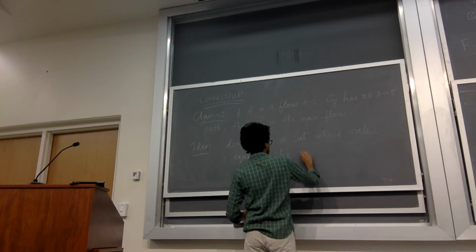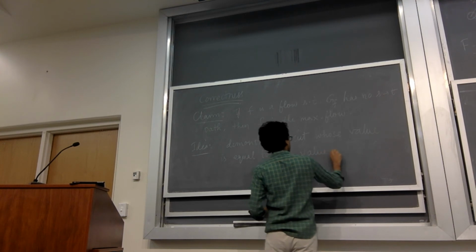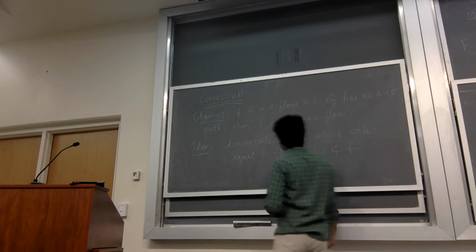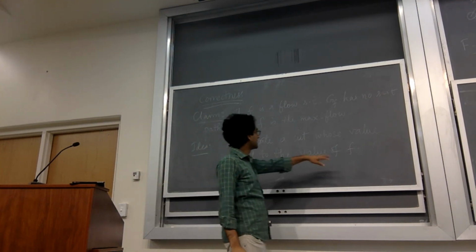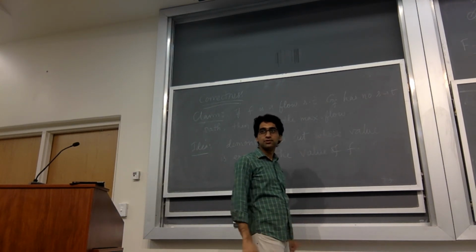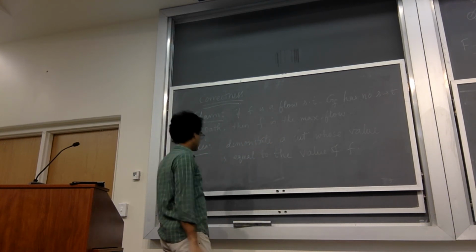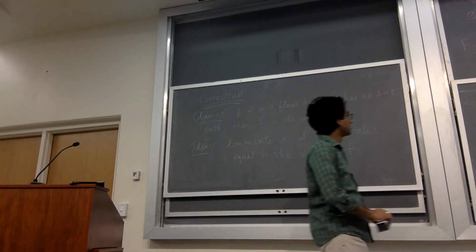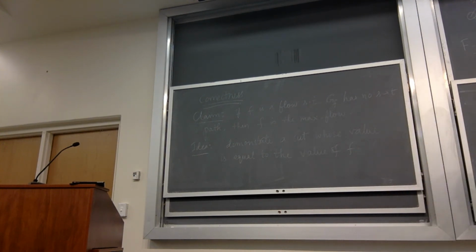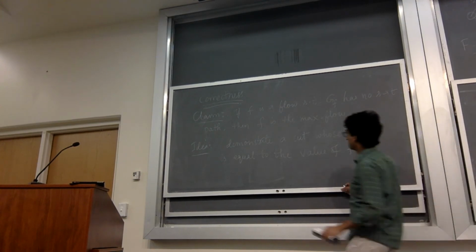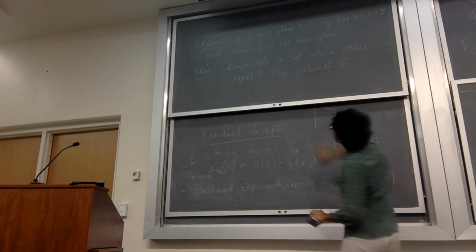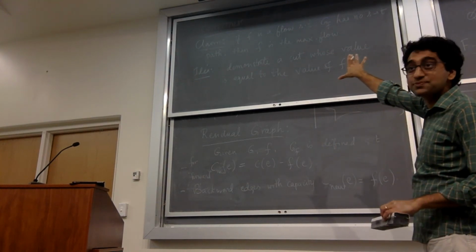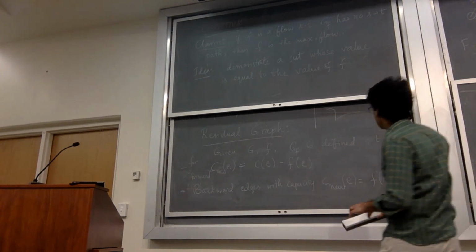For a flow, the value is the amount of flow going from s to t. And by what I said earlier, this implies that f is the maximum. So this is how we're going to show it. Proving this is where we use the nice properties of this residual graph.